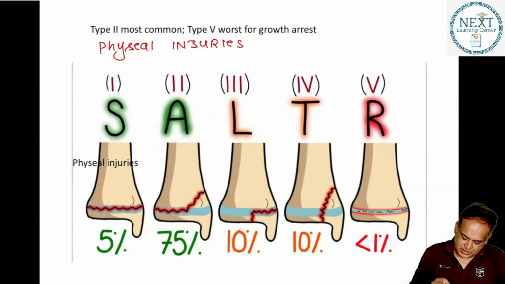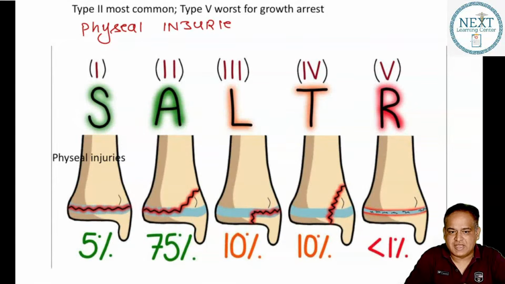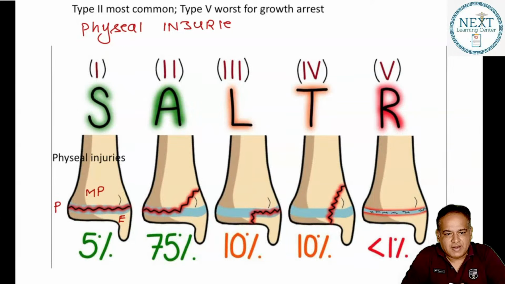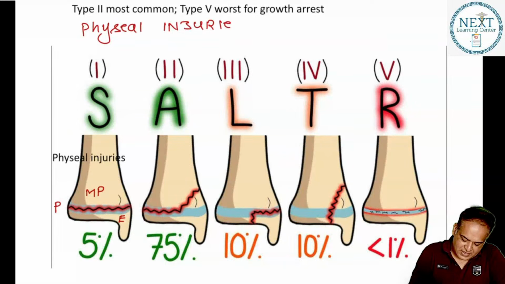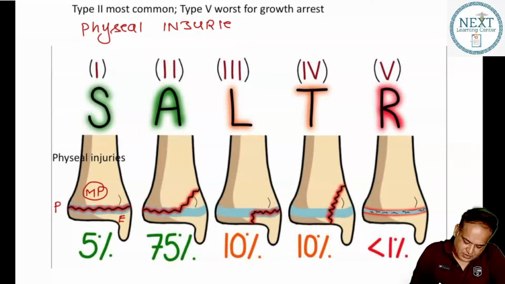Now you see here, type 1. What exactly is type 1? Now see, dear doctor, this is epiphysis, this is physis, this is metaphysis, right? Here simply what happens is that metaphysis is separated from the physis.